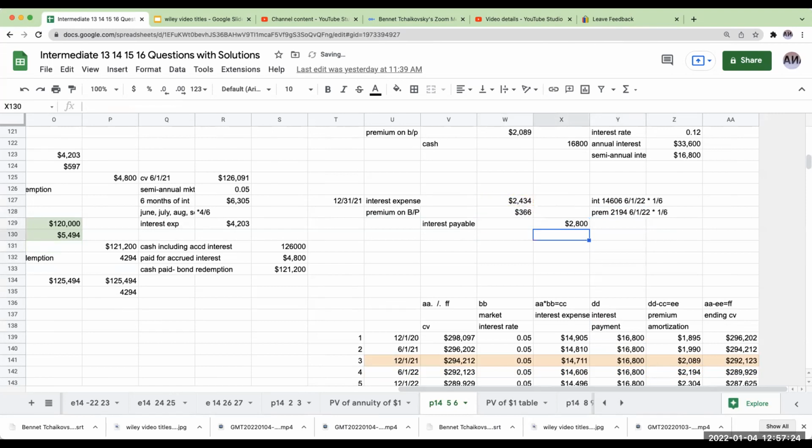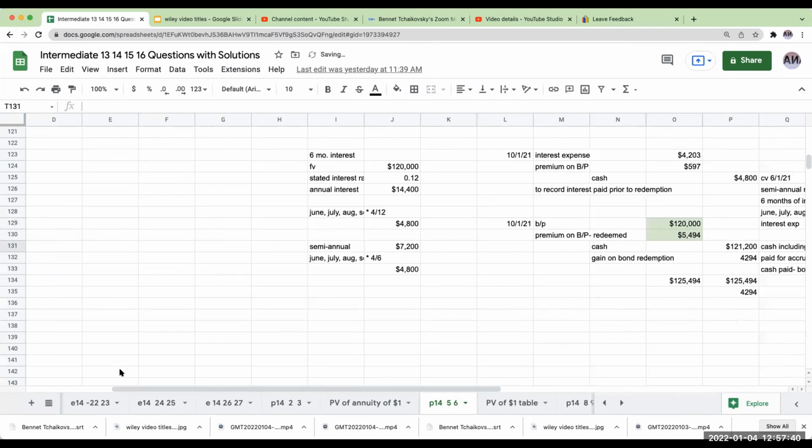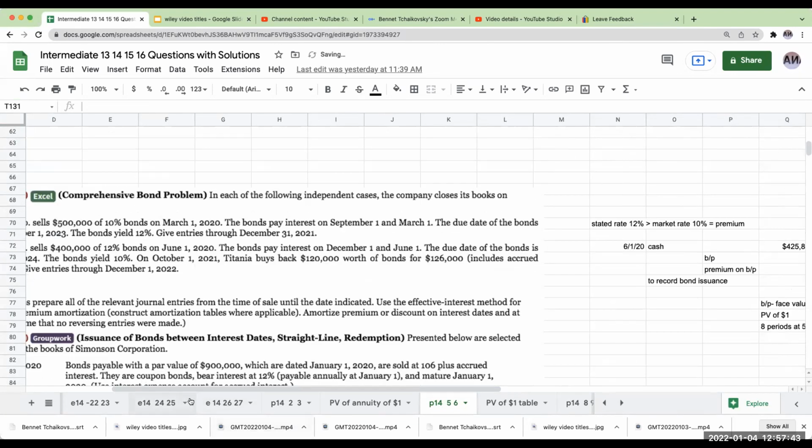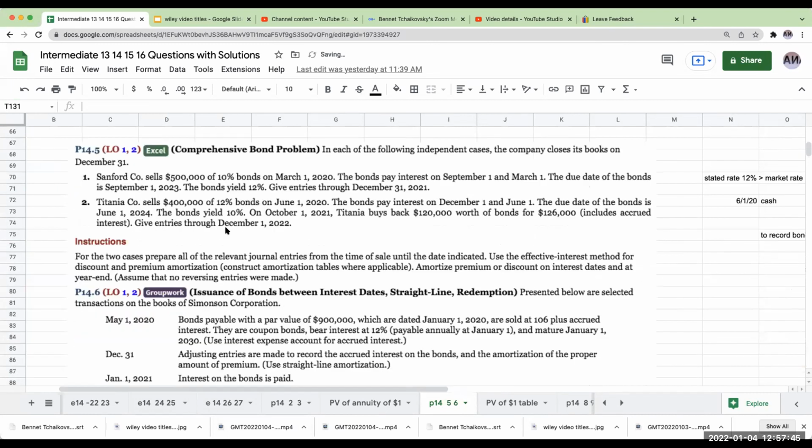And then my interest payable is going to be 16,800 times 1/6, or 2,800. When I get to, I'm asked to prepare journal entries through when? I'm asked to prepare journal entries for this through December 1st, 2022.